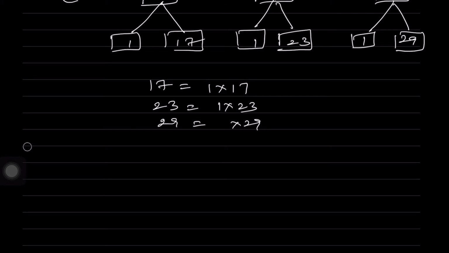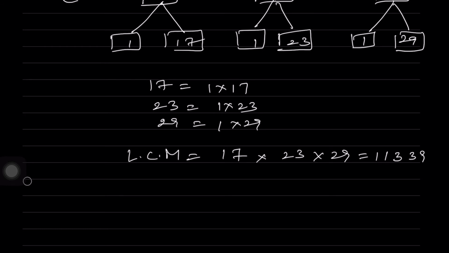So the HCF of all the three will be 1. And LCM is the product of 17 into 23 into 29. This is a very big number. And HCF is nothing but 1. The common factor for all the three is 1.